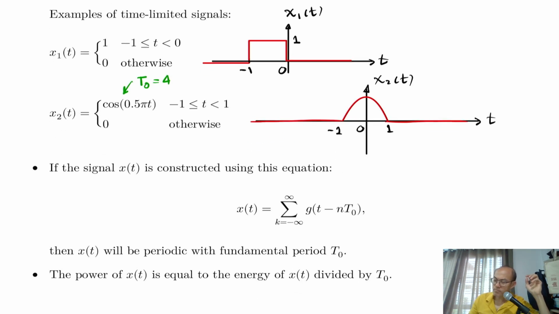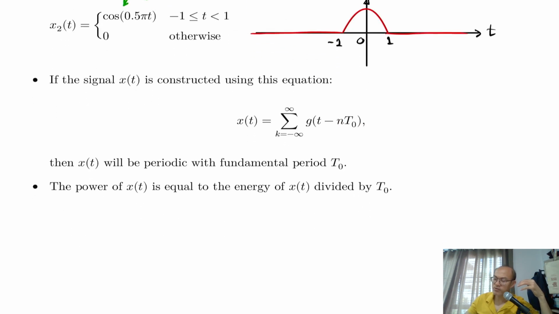Now we are going to define another signal x by adding g together. But before we add g's together, we shift g by multiples of t0, and then we add them together. So if we unfold this, x of t equals the summation from minus infinity to infinity of g of t minus nt0, right?